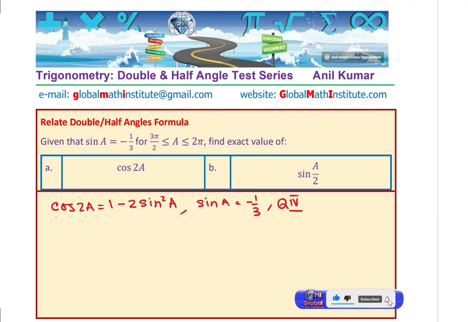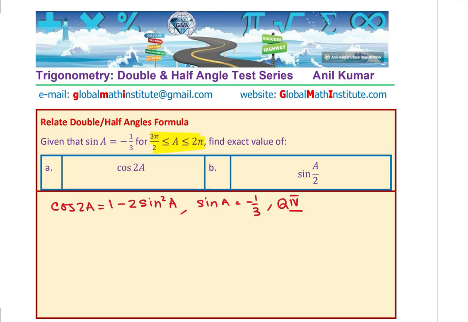We are in quadrant 4 since a is between 3 pi by 2 to 2 pi. So a is in quadrant 4, and twice of that will again come back to quadrant 4.